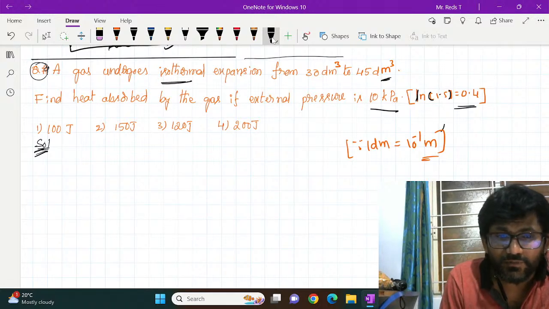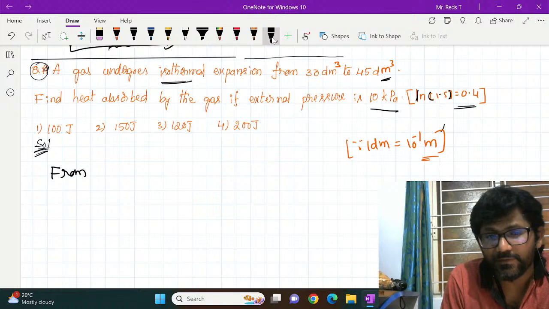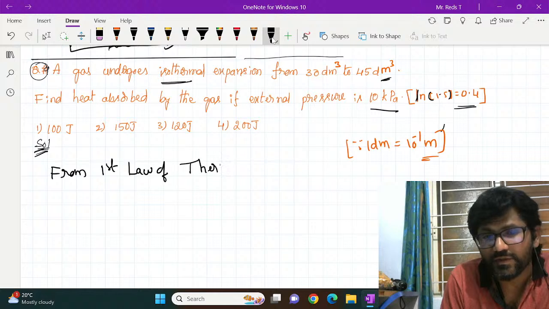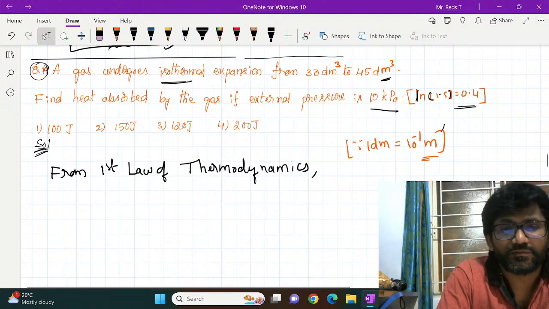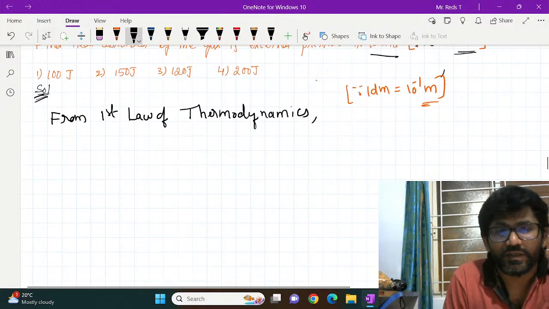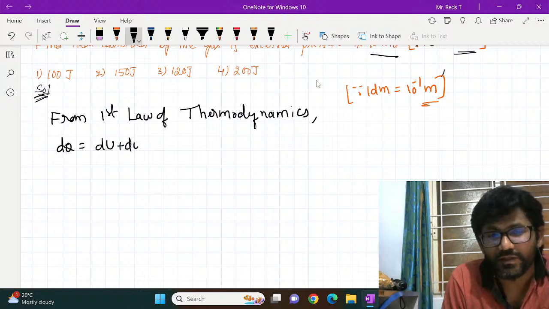So from the first law of thermodynamics, we can say dq, the heat supplied, is equal to du plus dw.